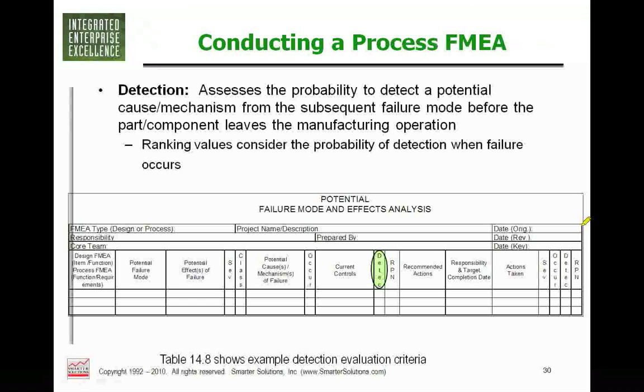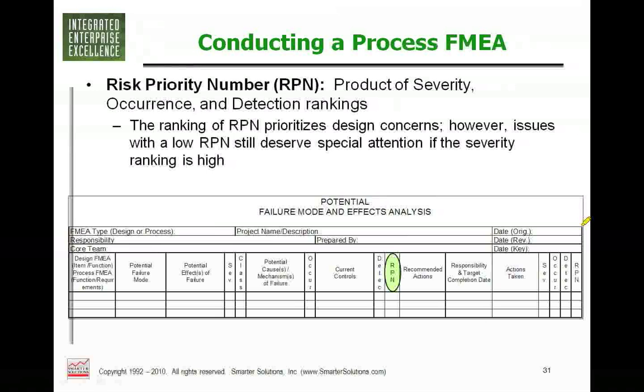So now if we look at detection, again, that's a scale of 1 to 10, where now we want to look at the probability of detection. So if something occurred, what's the likelihood of us detecting it? Now, when we multiply the severity times the occurrence times detection, we get the risk priority number.